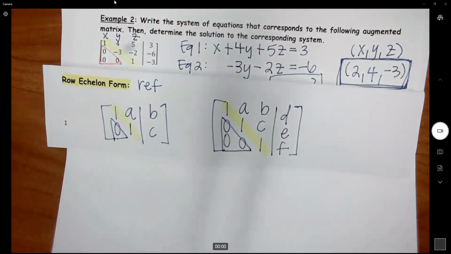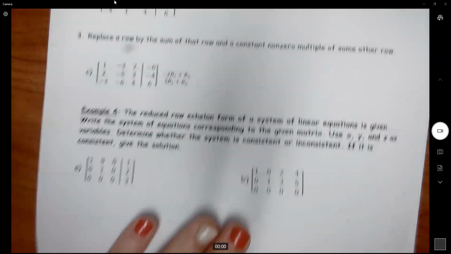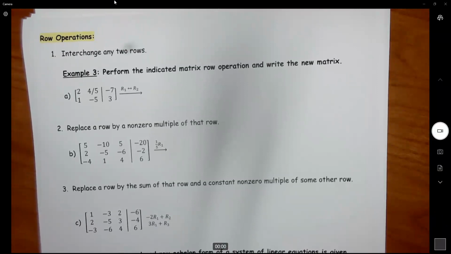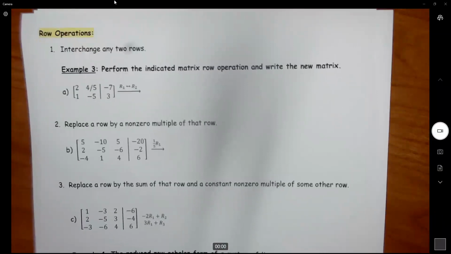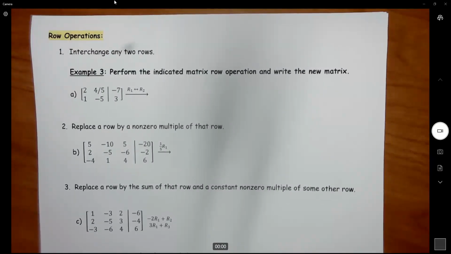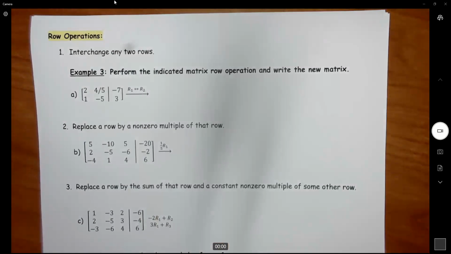Luckily for this class, we will never have to actually use these row operations to get this into row echelon form, but the standards do want you to be able to understand and use your row operations. These are the three row operations that you can do with any matrix, specifically an augmented form, but really any of them.